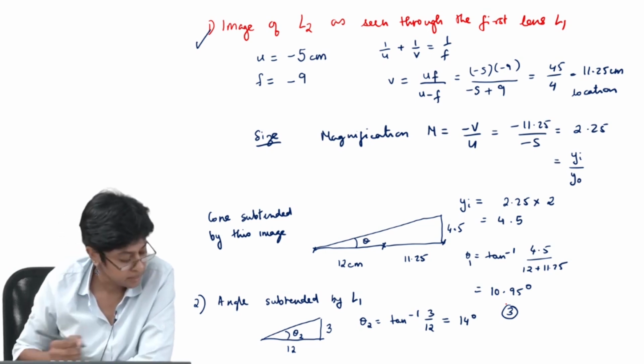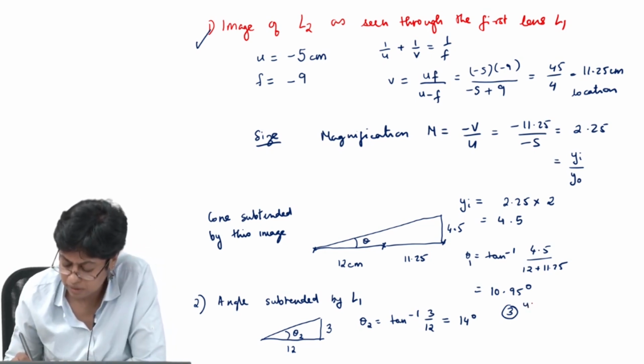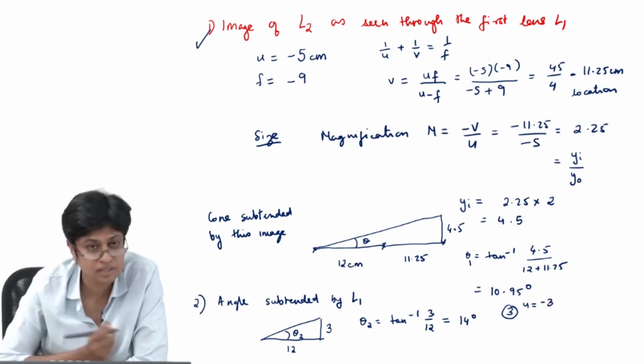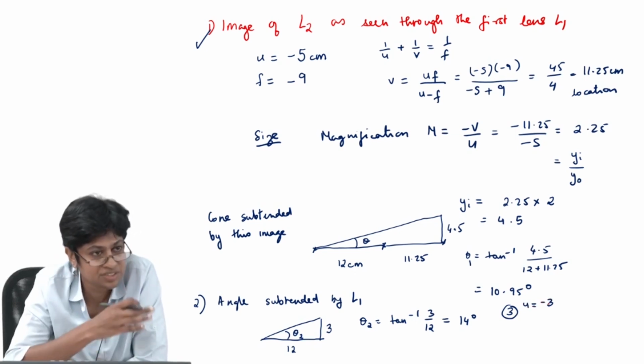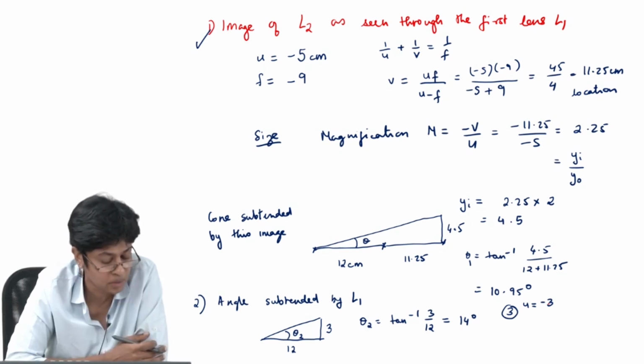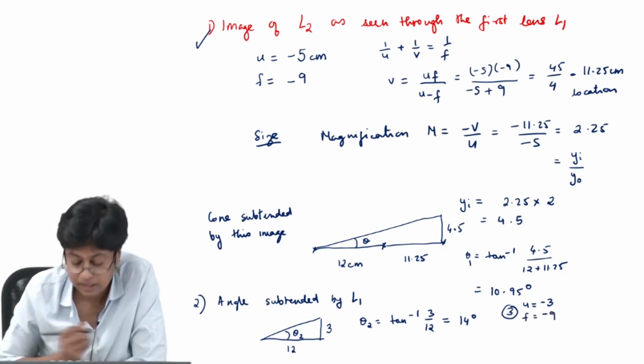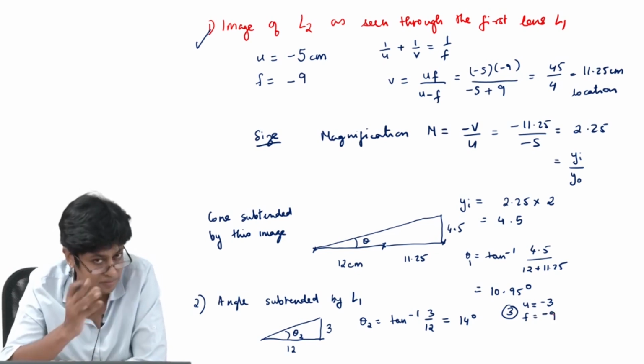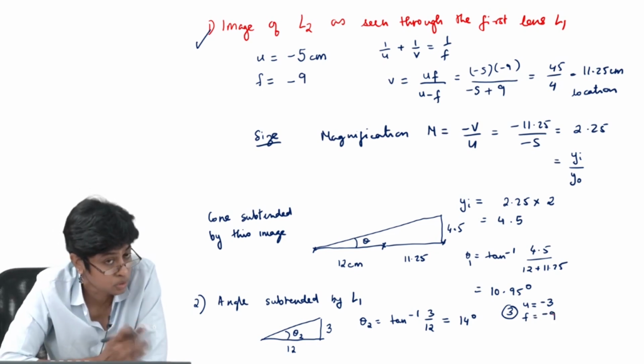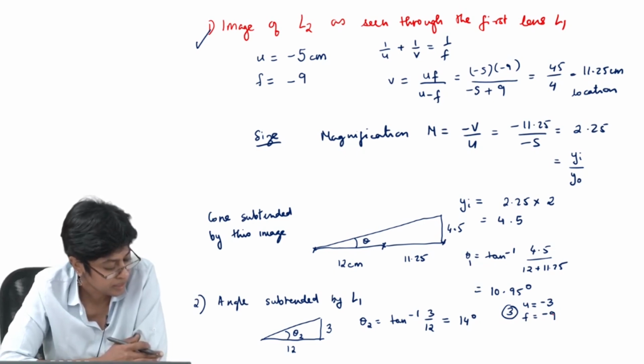We can just write out our parameters. U in this case is -3 because the aperture is 3 centimeters away from lens L1. We are using lens L1, so the focal length is -10. We are in image space, that is why the negative sign comes, although it is a convex lens.